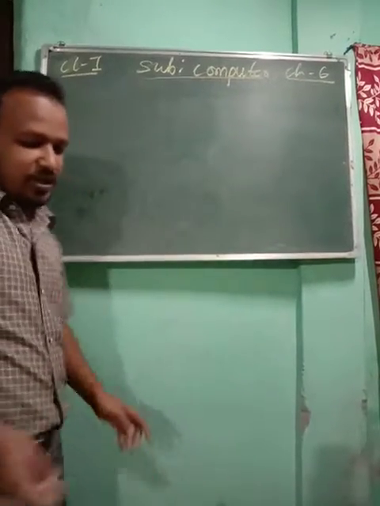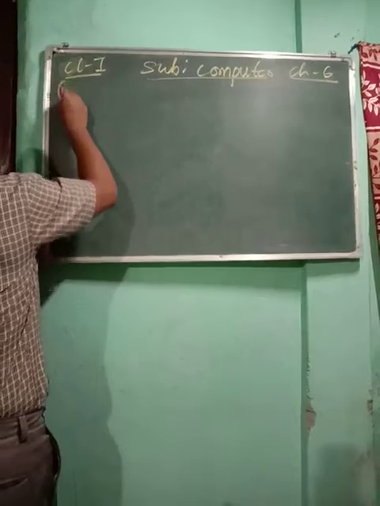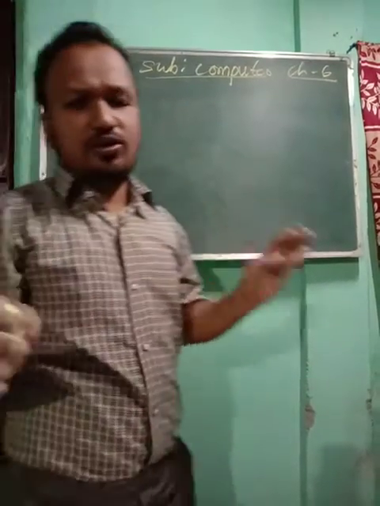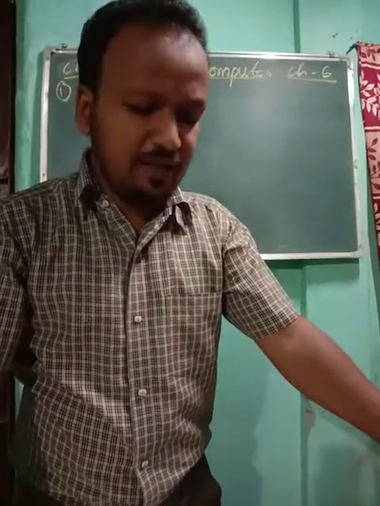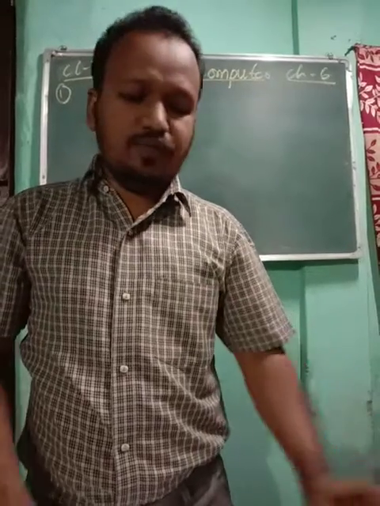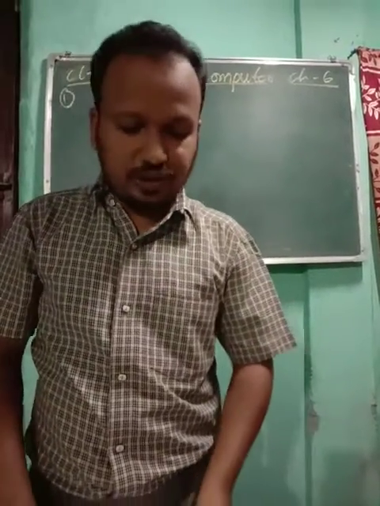Now I'm going to write the question answers and explain them to you. First is number 1. Children, 3 questions are in your book and 3 questions I have given from inside the book, so 6 questions in total you have to learn.